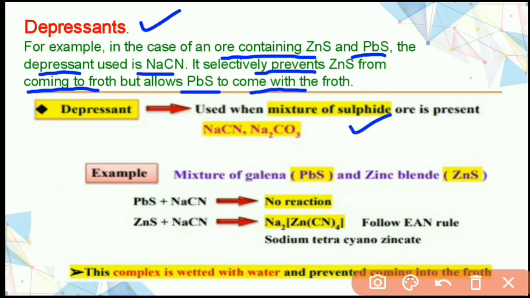This depressant uses sodium cyanide and sodium carbonate, for example, for a mixture of galena and zinc blende. Depressant does not react with lead sulfide, but sodium cyanide reacts with zinc sulfide and forms a complex compound, sodium tetracyanozincate, and this complex is wetted with water and prevented from coming into the froth.